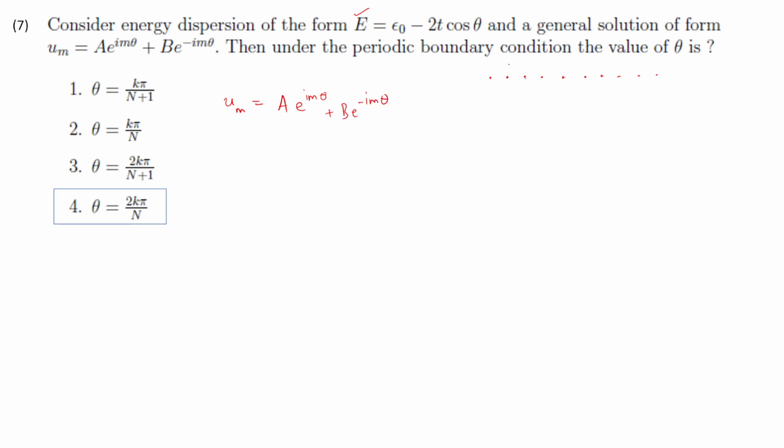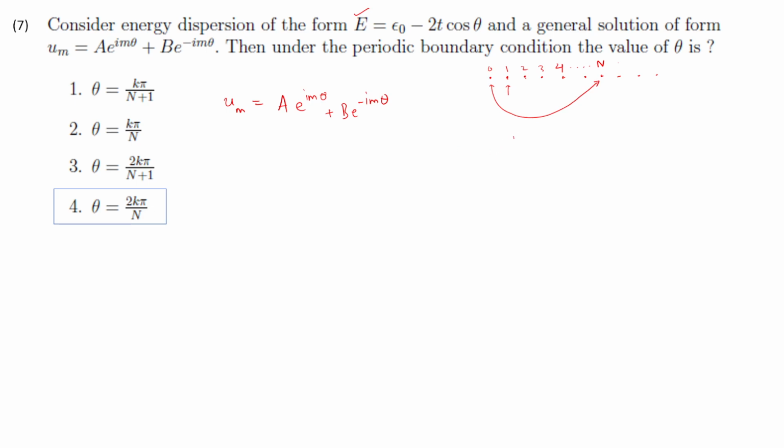So under periodic boundary condition, what is this m? m is some index of the atom number. Let's say it starts from 0, 1, 2, 3, 4, and so on, up to N. Then again it will start from 0, so if we associate that the periodicity is N, we have to associate these two as equivalent.